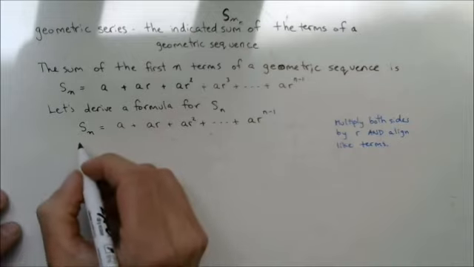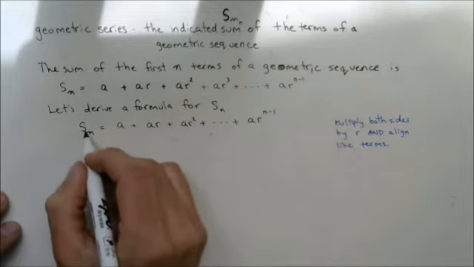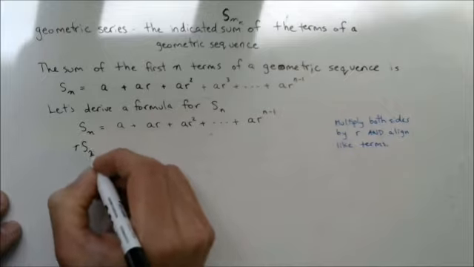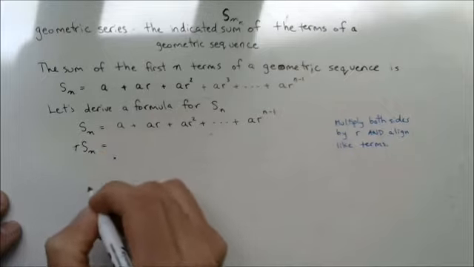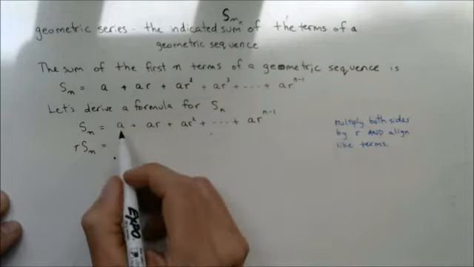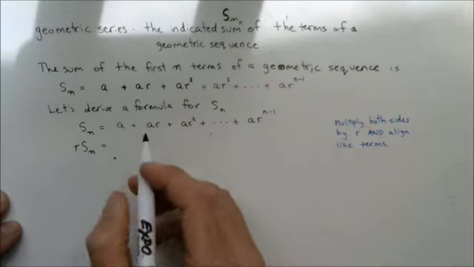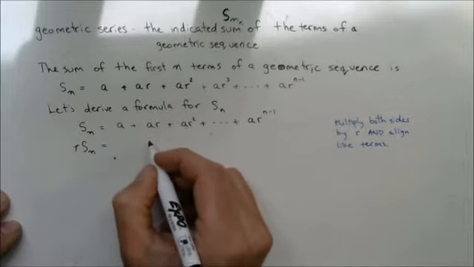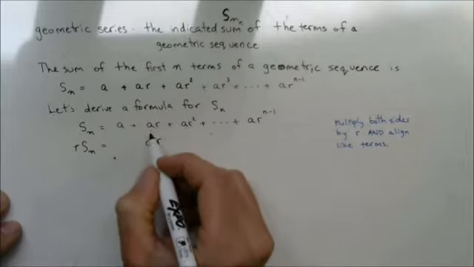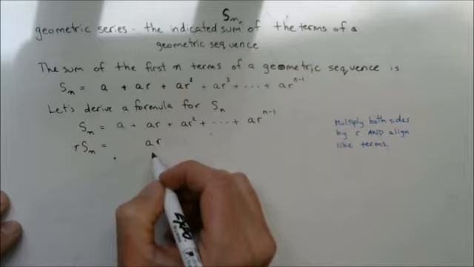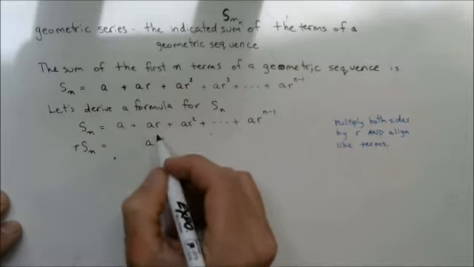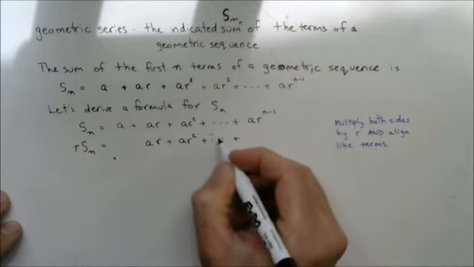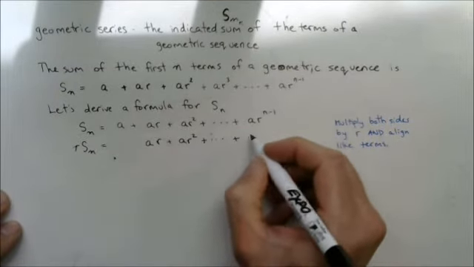All right, so on the left side, if we multiply the left side by r, we end up with r times the sum of the first n terms. And if we multiply each of the terms on the right side by r, we take a and multiply it by r, we end up with a times r. And I'm right away aligning like terms. If I take a times r and multiply by r, I end up with ar squared, and I'm just going to skip the same spots because I'm aligning all these like terms.